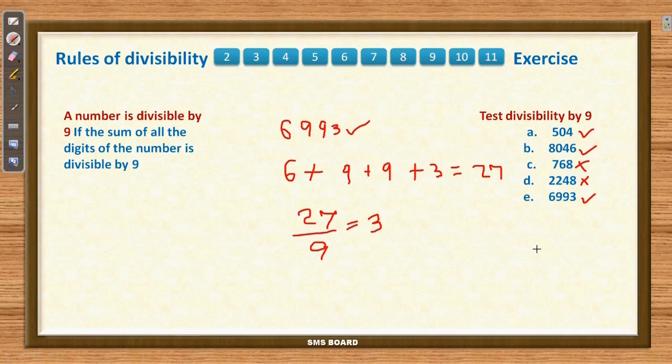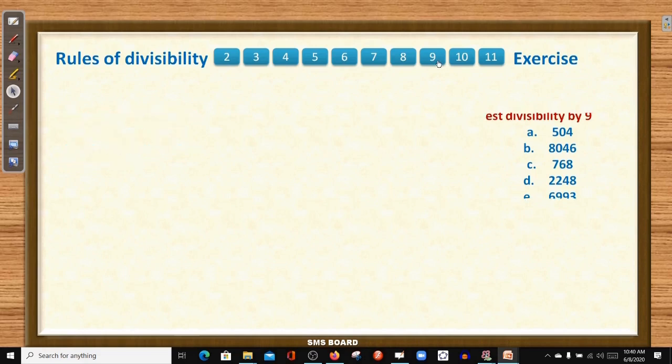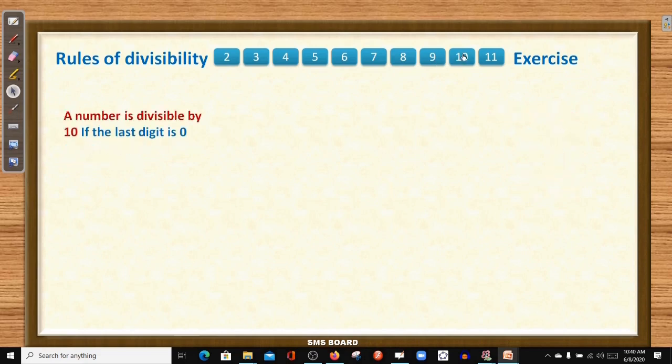Next we will see divisibility of numbers by 10. We have already seen divisibility of a number by 9. Let us learn the divisibility test by 10. So what is the rule? A number is divisible by 10 if the last digit is 0.